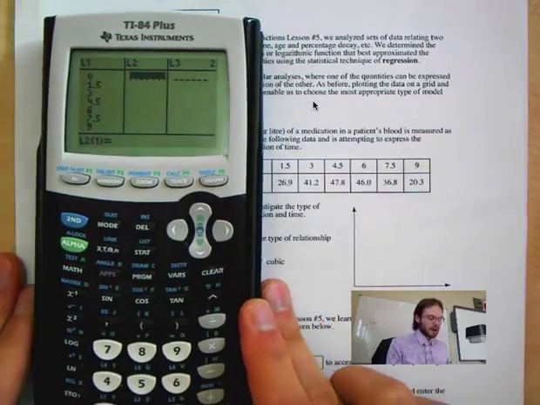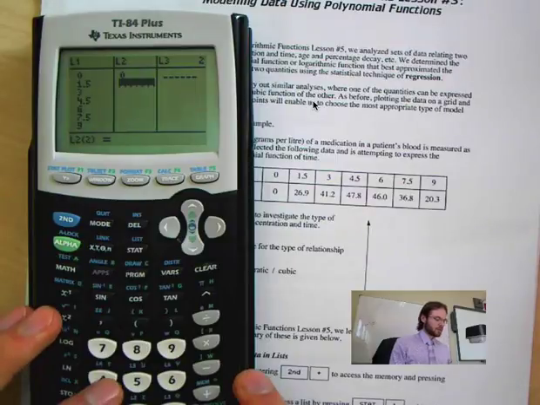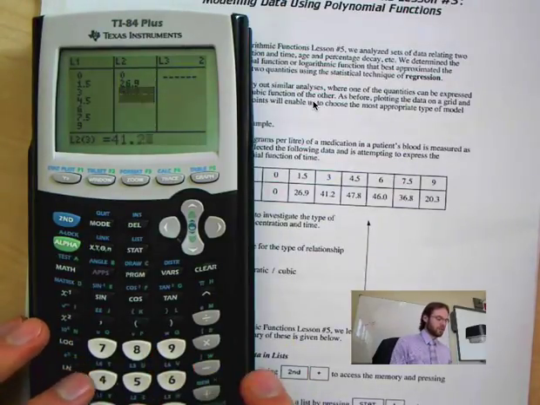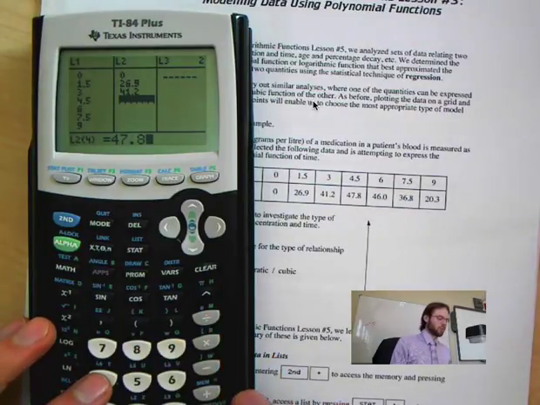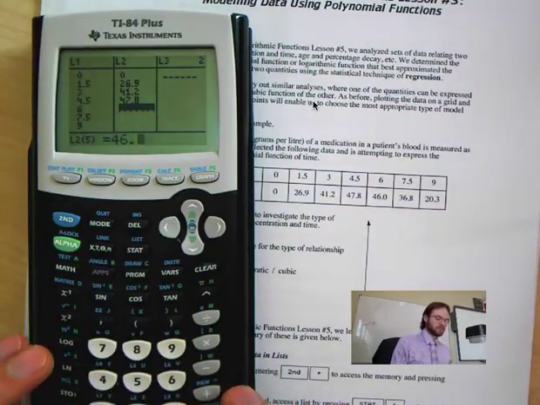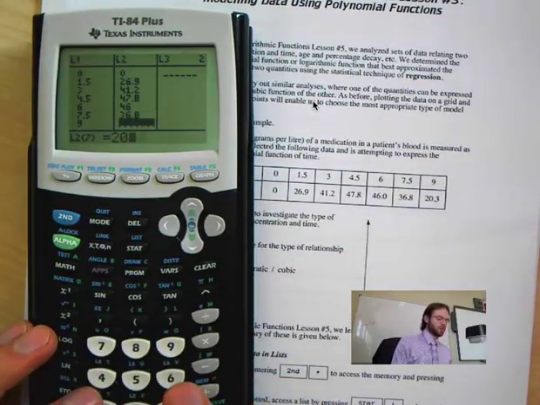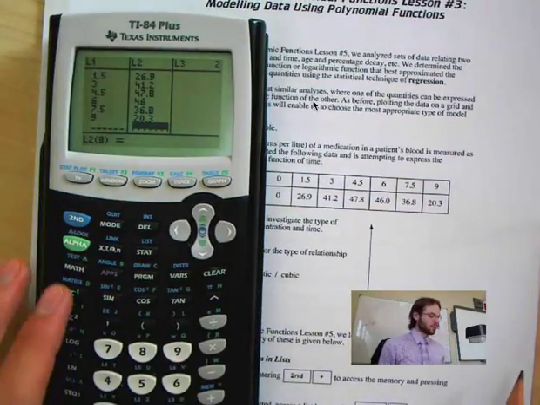So here I'm going to have 0, 26.9, 41.2, 47.8, 46.0, 36.8, and 20.3. Make sure they line up. Yep, everything lines up, so we're good.